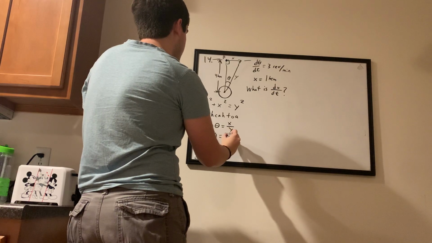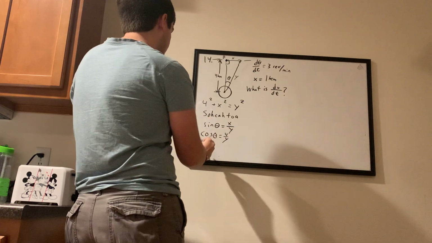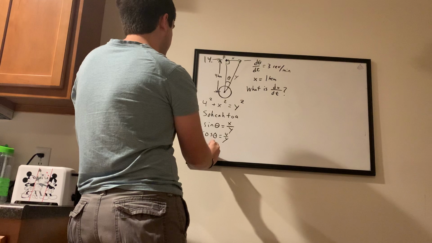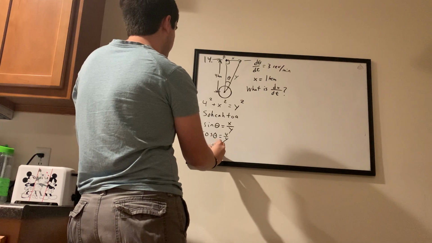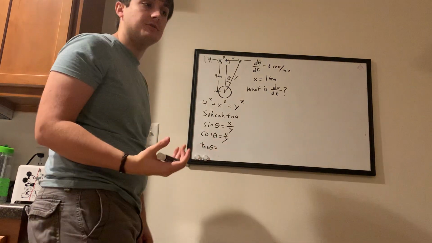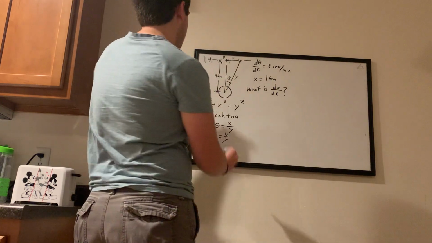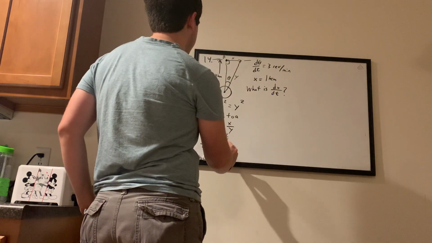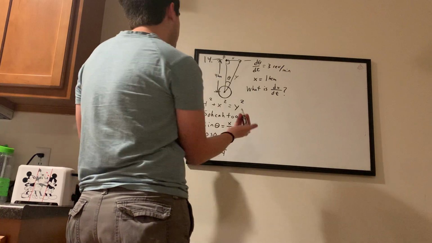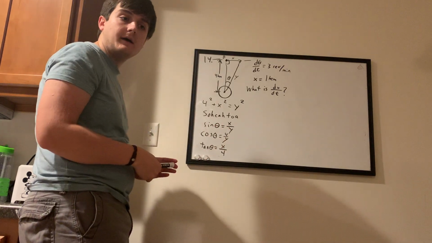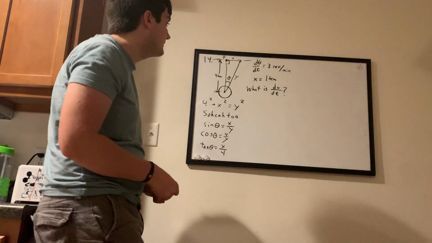Finally, the tangent of theta is equal to the opposite side of the triangle, x, over the adjacent side, which is 4. So this one might come in handy. It really depends, we just have to see.